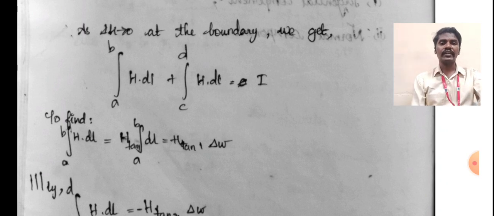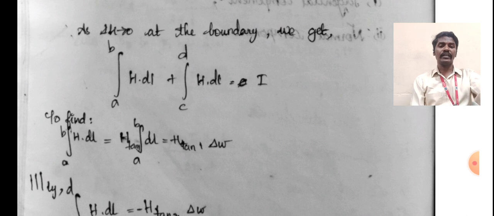To find the line integral A to B of H dot dl, taking H outside, H into line integral A to B dl, where instead of H it is replaced by H tangential 1 as it is parallel to that path, and line integral A to B dl can be replaced with del w.